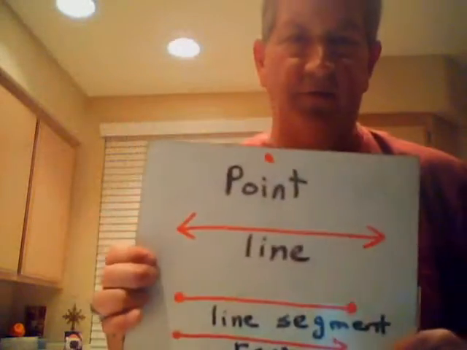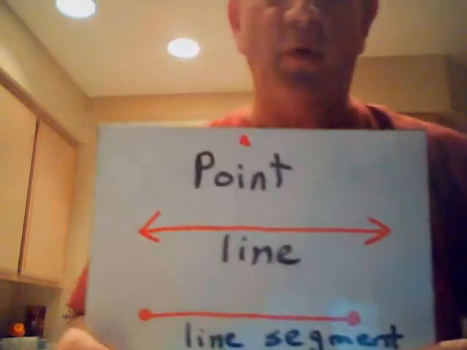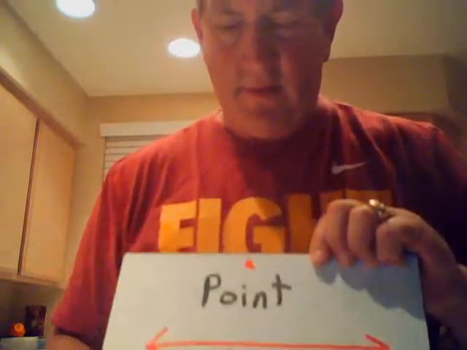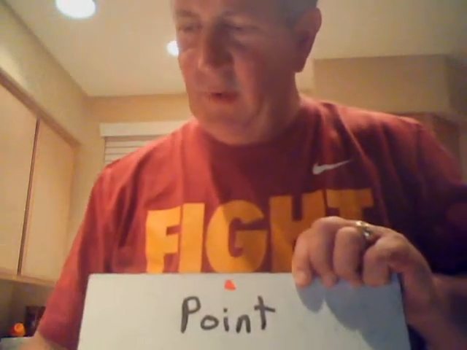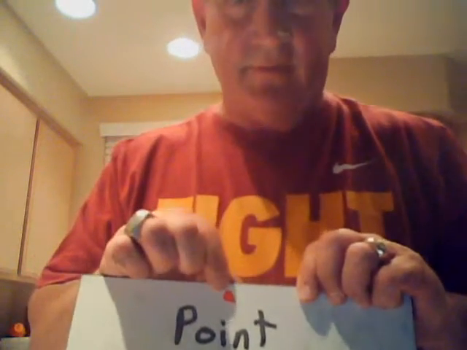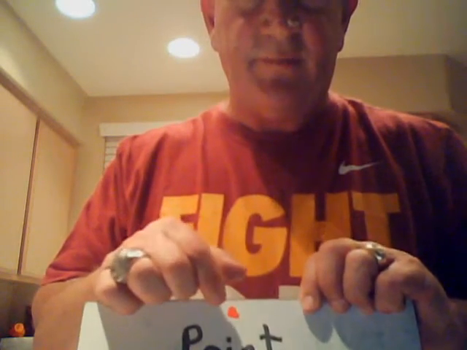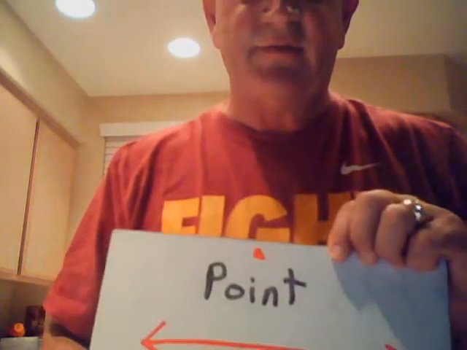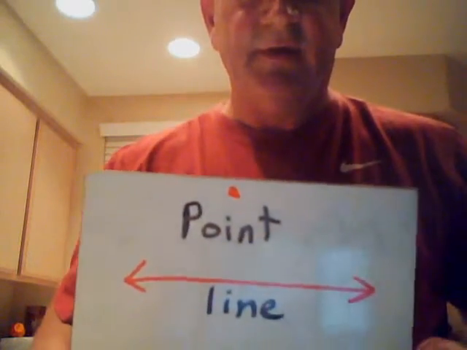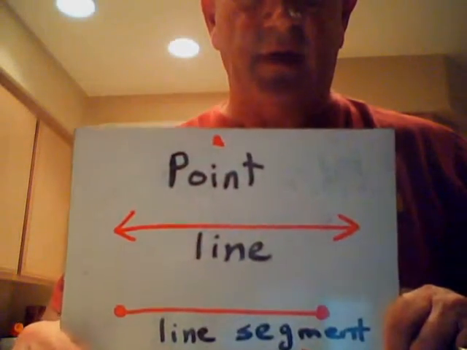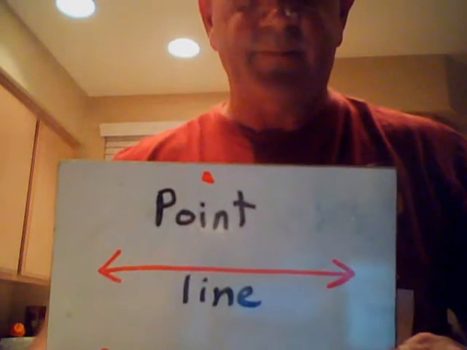Okay. First off, with lines, segments, and angles here, we have what we call a point. A point has an exact position. It's an exact location. When we find where something is, it marks a spot. That is called a point. And then down below here you see a line.